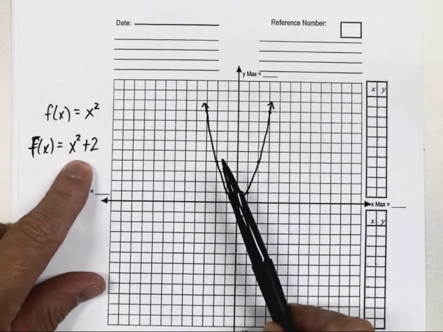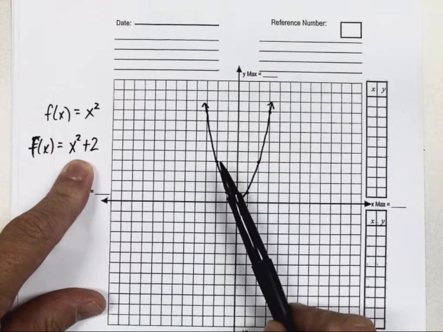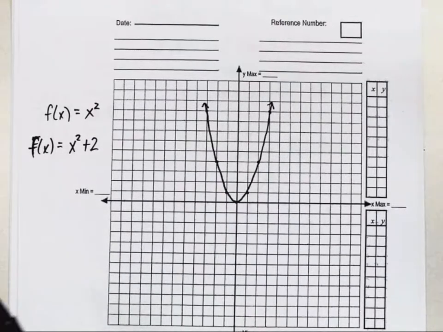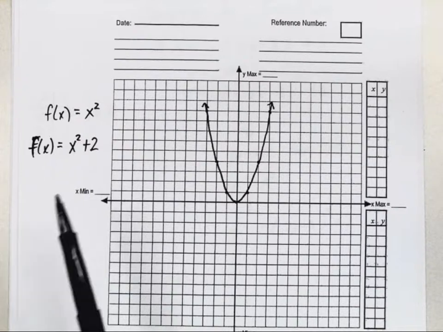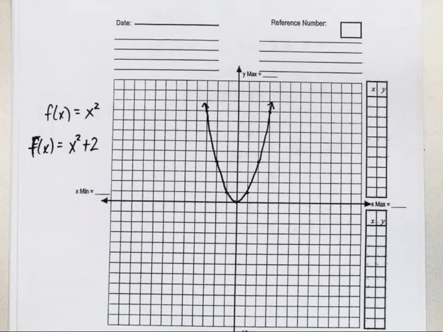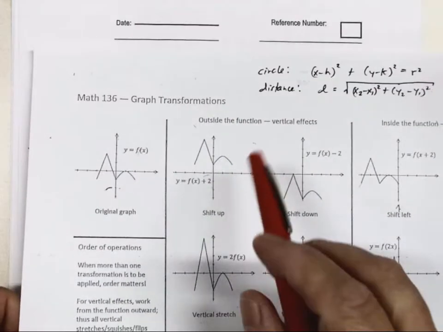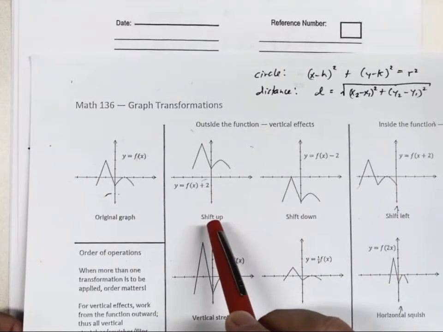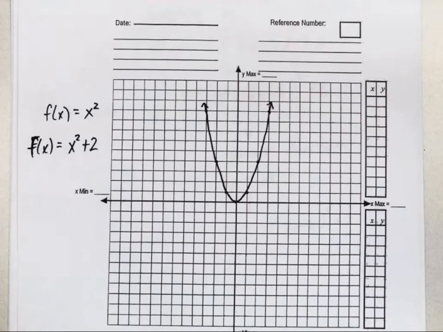I want to now actually graph x squared plus 2. And I've actually got a red pen, maybe you can see it. Now what this is, I'm adding 2 outside the function. And just in case I forget, when you do something outside the function, and in this case you add to it, it shifts it up that amount.